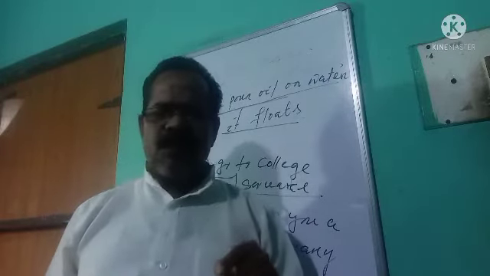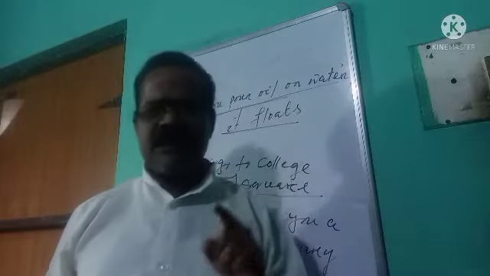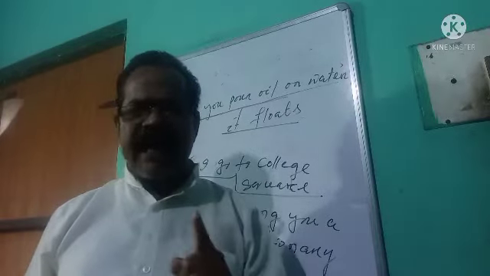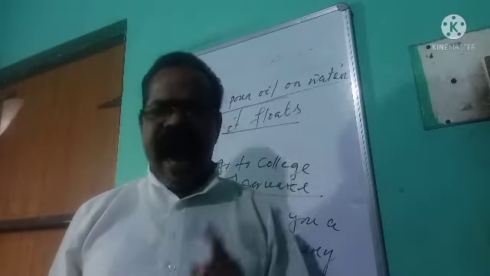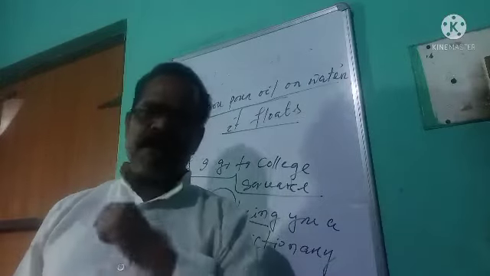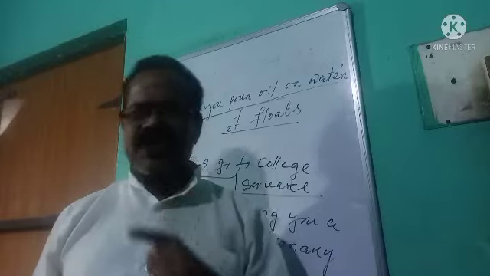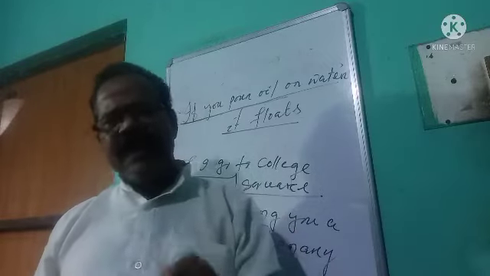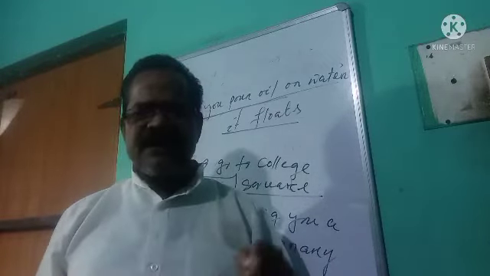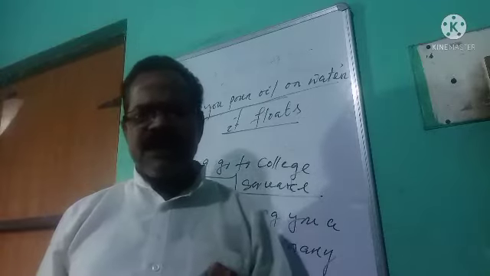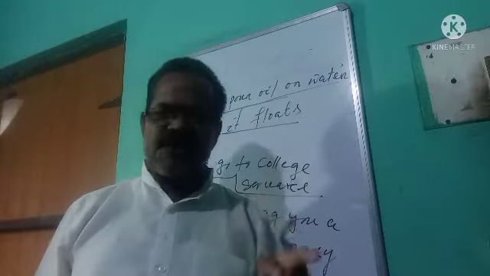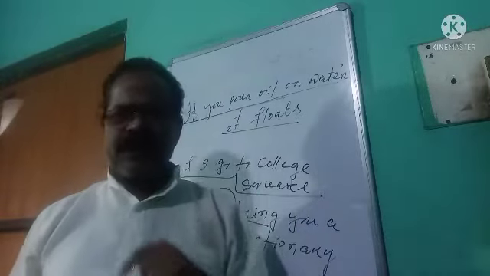Another example, if I knew his address, I would write to him. You follow this structure. If I knew his address, the if clause is in simple past, subject plus verb 2.